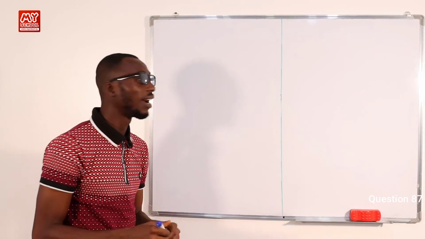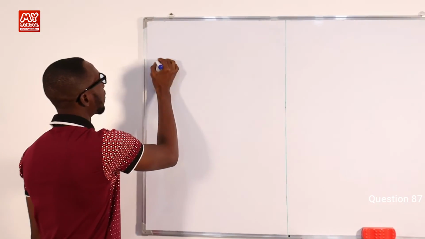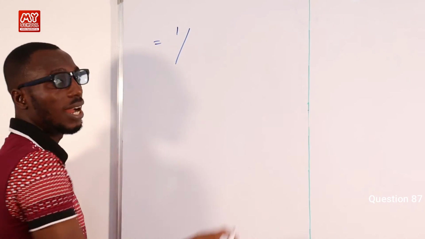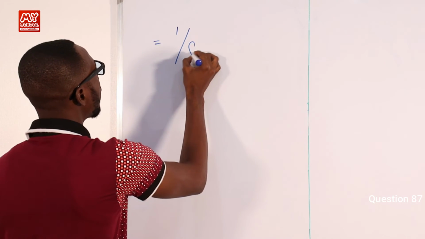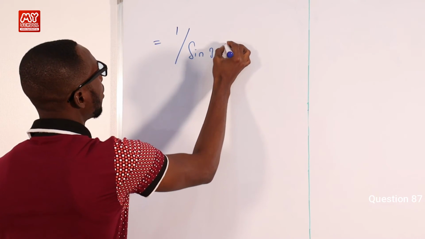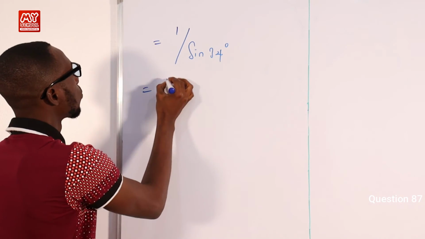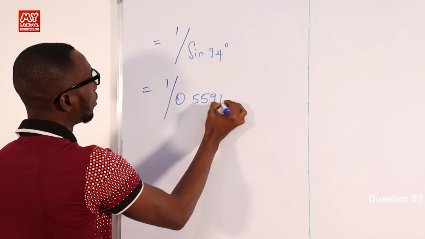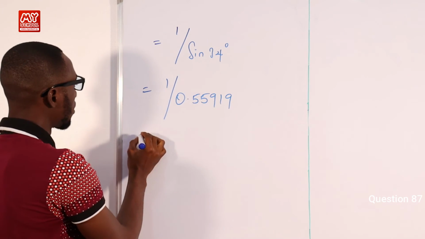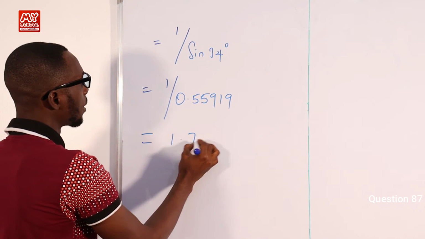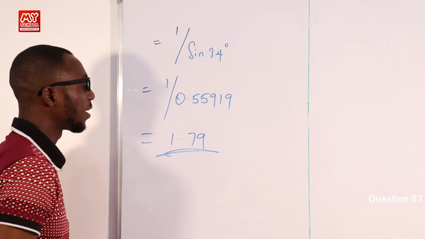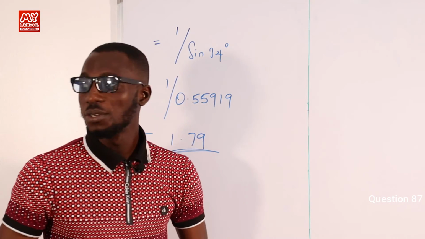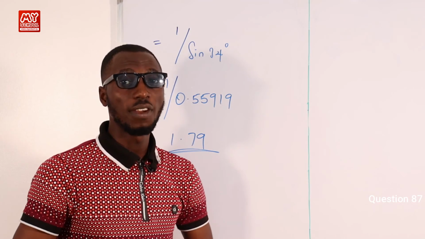So that is refractive index equals 1 over sine 34 degrees. That is 1 over 0.55919. And when we divide this, we are going to have roughly 1.79. So the refractive index is 1.79. If we go through the options together, option C is very correct.